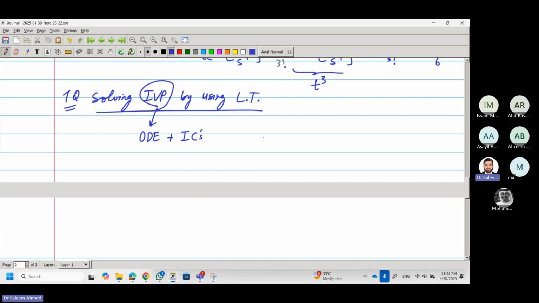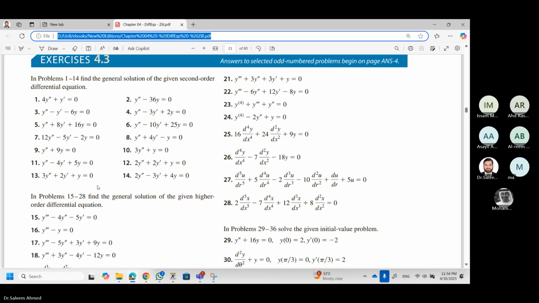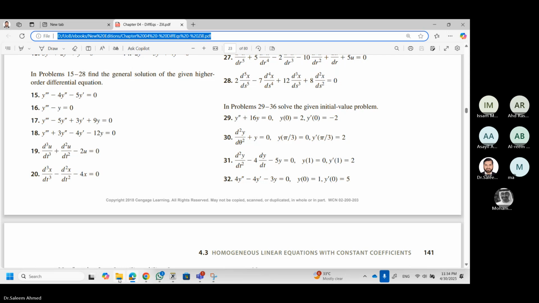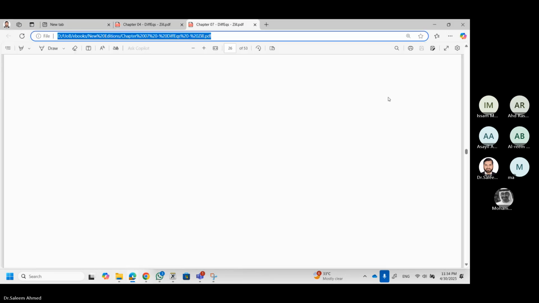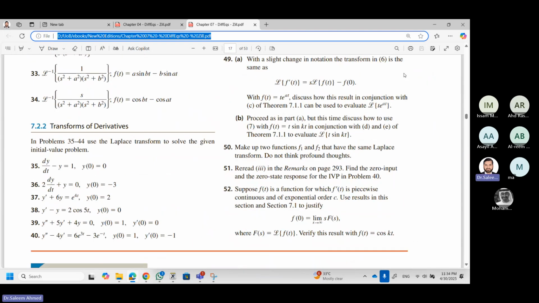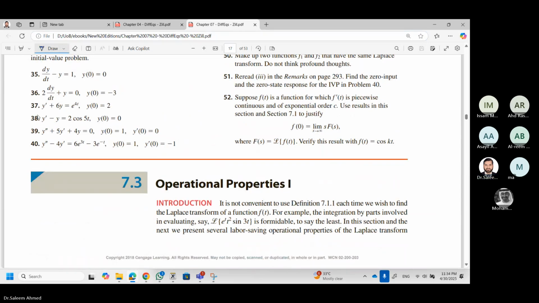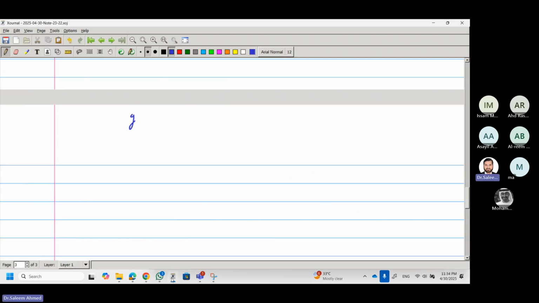Okay, so if your equation is given, let's say, here, if I pick something, let's say y prime plus 6y is equal to e to the power 4t.